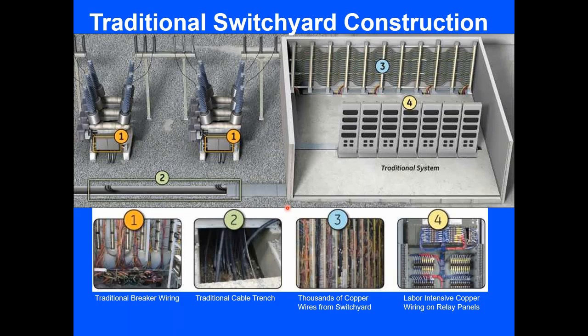I'm going to give you an example where fiber really is nice. GE Multilin has a product called the brick or hard fiber. What they traditionally did in the substation was get all the CT connections, all the PT connections, all the IO connections from the breaker back into the switch house.